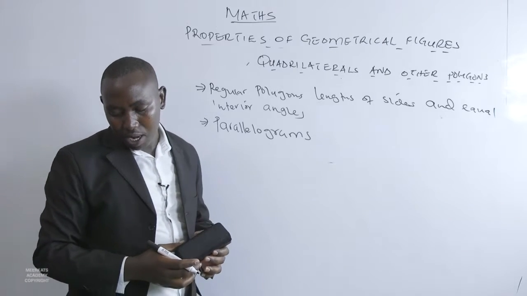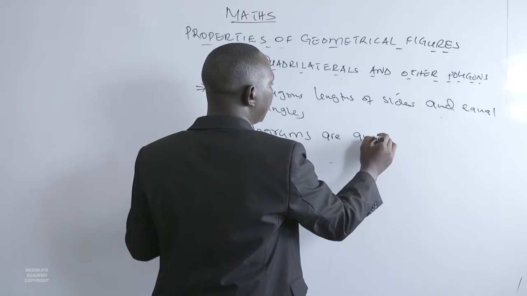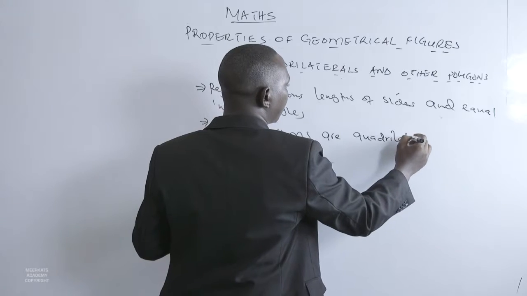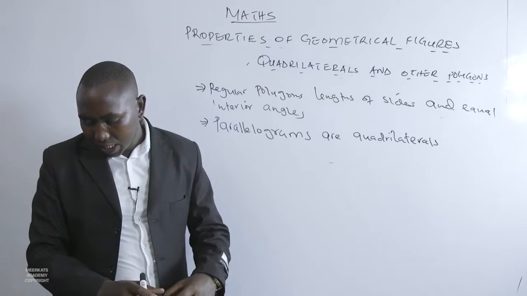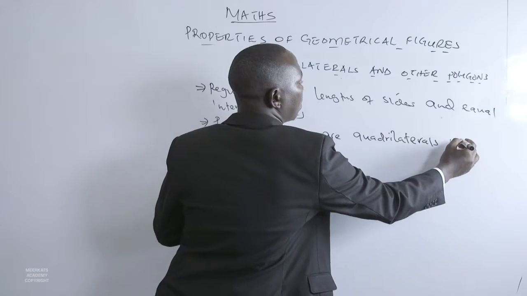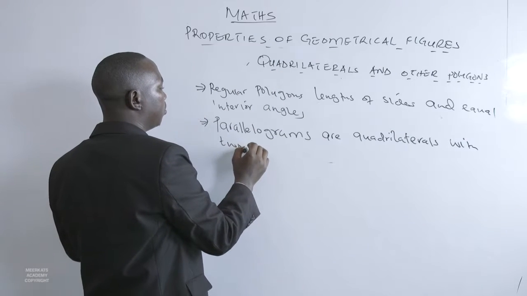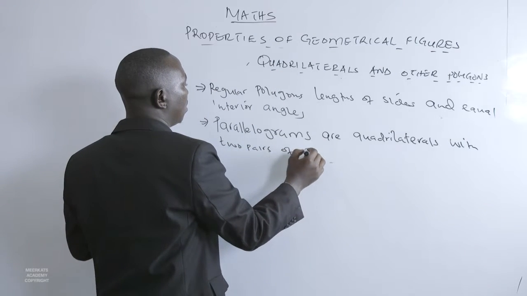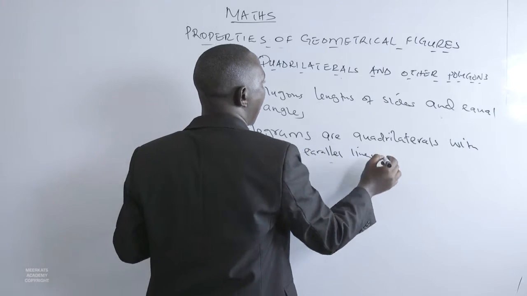So you can say that parallelograms are quadrilaterals with two pairs of parallel lines.